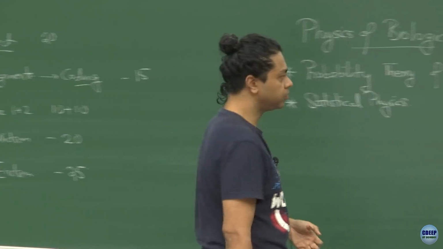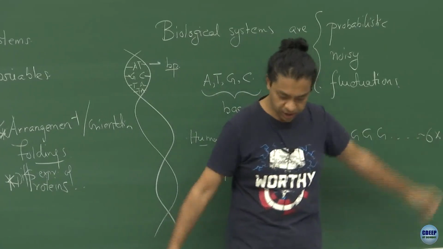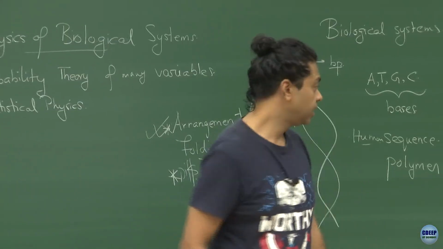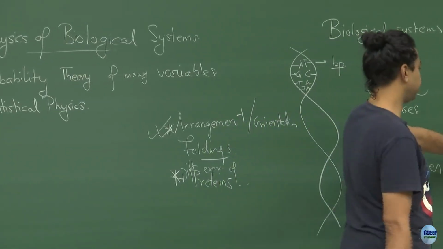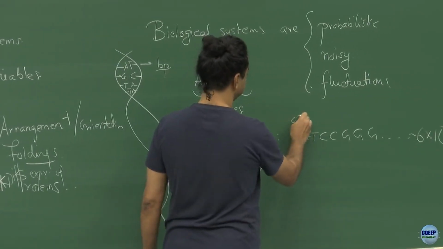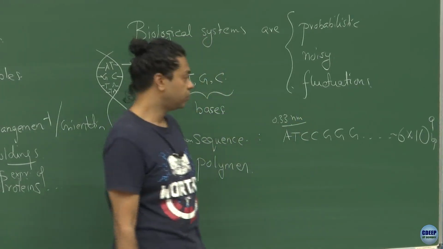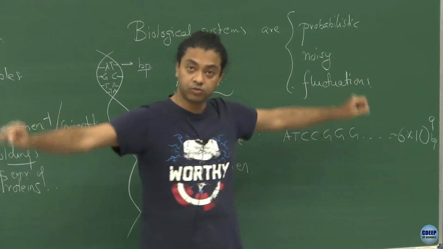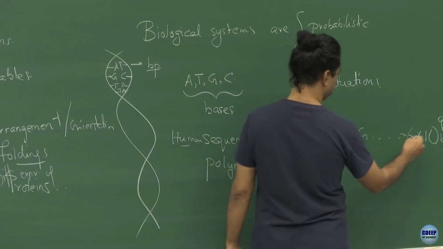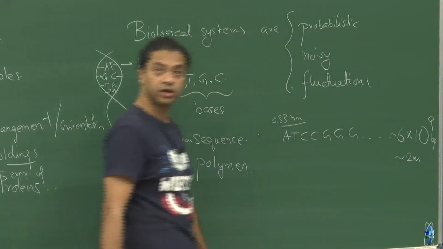Because if you take this billion base pair long string, you could ask how long is this string, right? Each base pair is roughly 0.33 nanometers, about 3 base pairs in a nanometer. So, if you were to stretch out the string, you would get about 2 meters, right, 6 into 0.3.